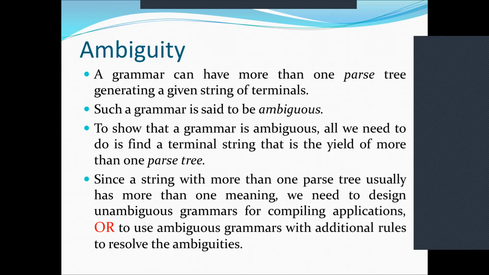So there are two things. Either you make an unambiguous parse tree, that is the final outcome, or you allow an ambiguous parse tree, but again this ambiguous parse tree has to be corrected or refined by some additional rules, so that your ambiguity is resolved.